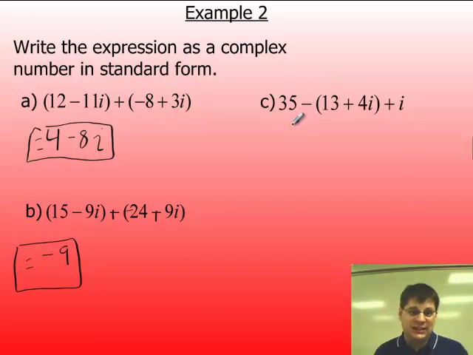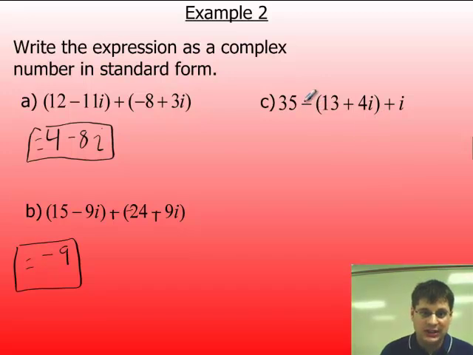All right, see here, it looks like it's just a complex number added or subtracted to another complex number, but we have a real number, a complex number, and a purely imaginary number, and we're going to simplify this. So really I can just drop the parentheses. I don't need them.